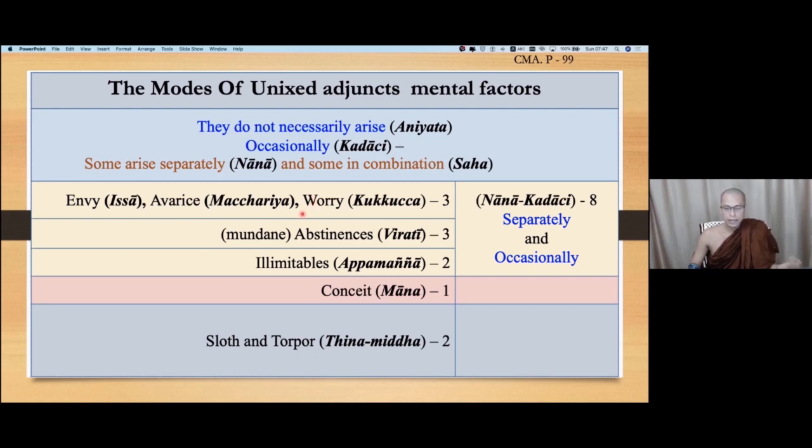When a person only gets angry, not focusing on others' property, not focusing on one's own property, not focusing on omission of good and commission of bad, just gets angry, at that moment, all of them, issa, macchariya, kukkucca, are absent. Only the anger arises, and the other mental factors of moha, ahirika, anottappa, like this.